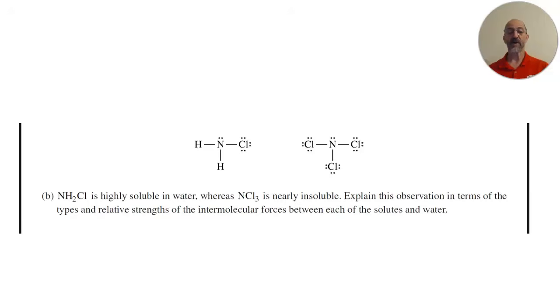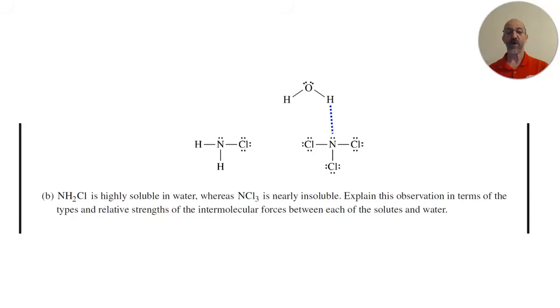and the solvent is water. So what I'm going to show you is a hydrogen bonding attractive force between a water molecule and a molecule of NH2Cl. I can do the same thing with the molecule of NCl3. So you might think that NCl3 cannot form hydrogen bonding attractions, but the lone pair on the nitrogen atom can be a hydrogen bond acceptor.